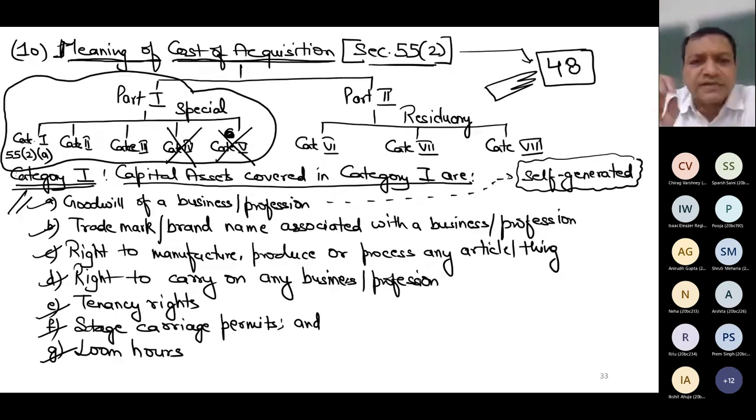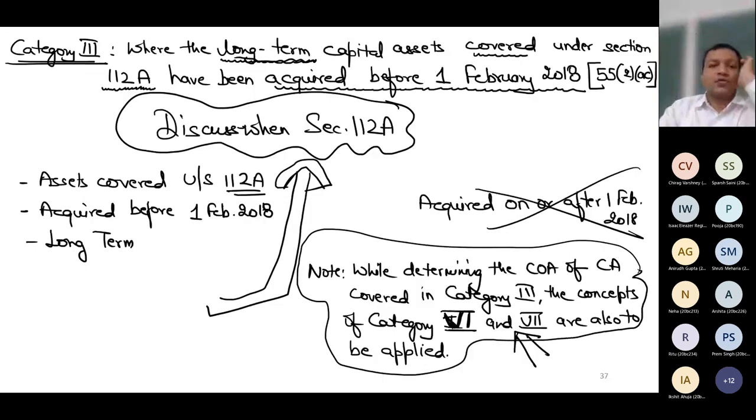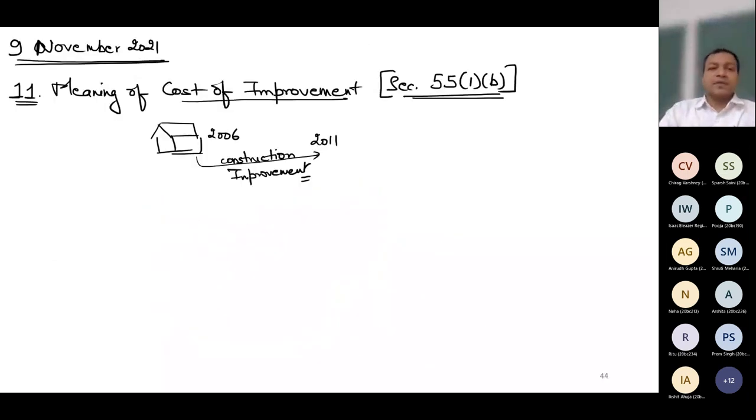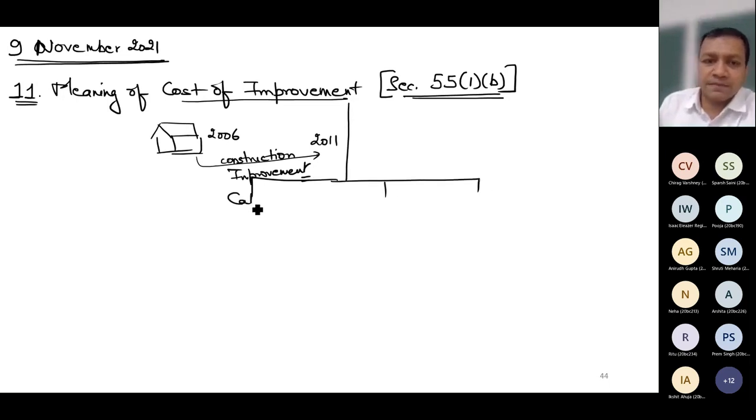We have to read 6 categories of cost of acquisition. In cost of improvement, we have only 3 categories. That's it. So cost of improvement is very easy. You have 3 categories in cost of improvement: category 1, category 2, and category 3. So you have only 3 categories. Category 1.